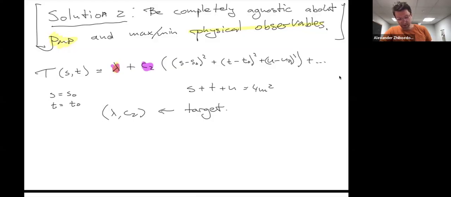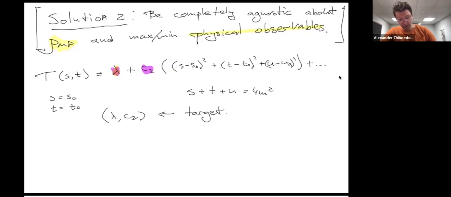In a sense, you just forget about everything you learn from Feynman perturbation theory and the fine structure of unitarity, and you write a very flexible ansatz for your function.